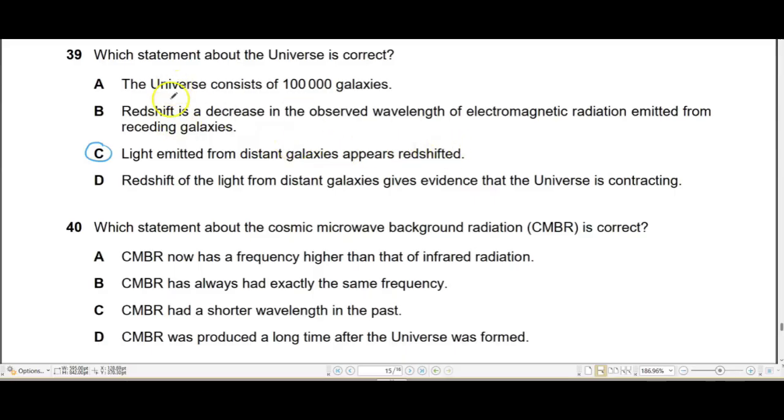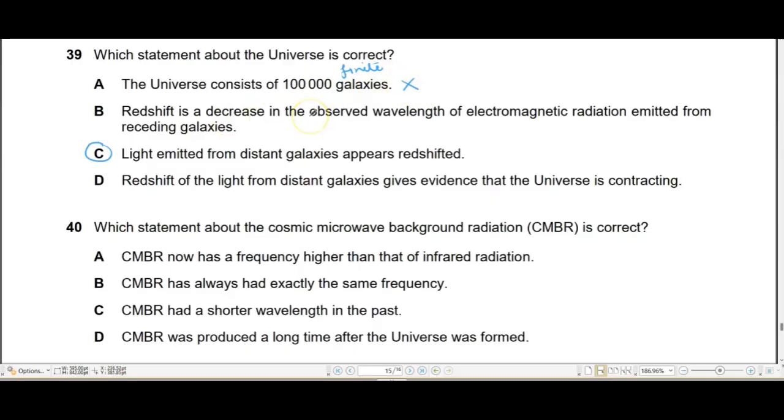And why the answers are not A, B, and D? Because A has given us a finite number, that we have 100,000 galaxies. We don't have a finite number. We don't have a number that we can put up to the galaxies. There may be unlimited galaxies around. So that is why A is not correct.